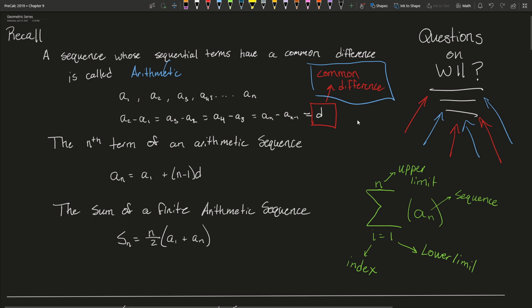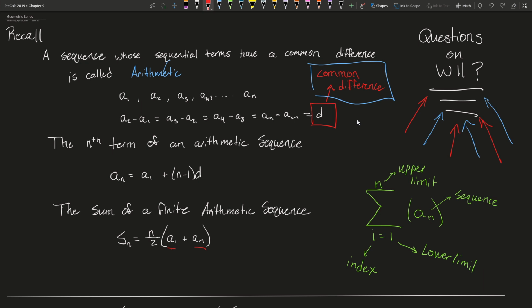The nth term of an arithmetic sequence is always going to be the first term plus n minus 1 times the common difference. And then the sum of a finite arithmetic sequence is the number of terms we are adding together divided by 2 times the first term plus the nth term.